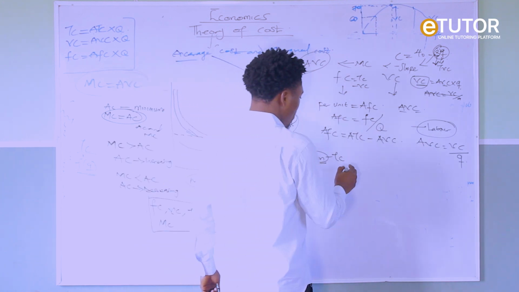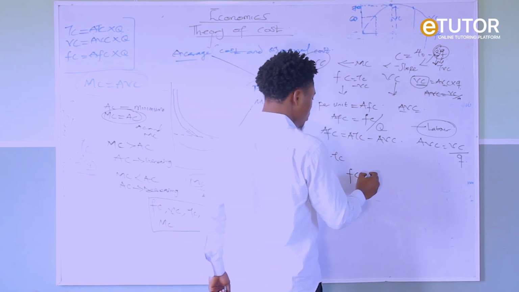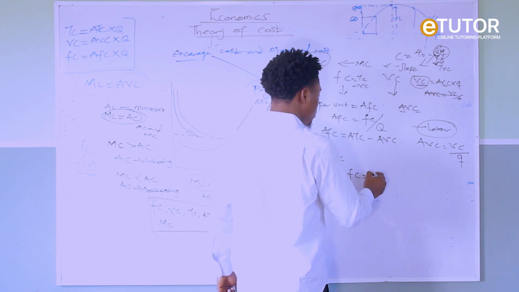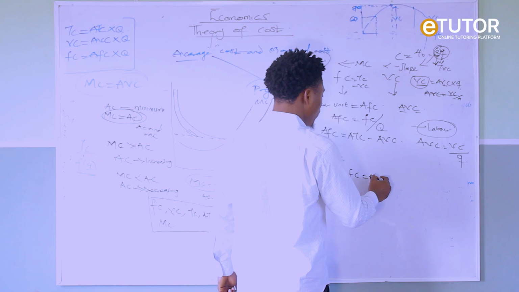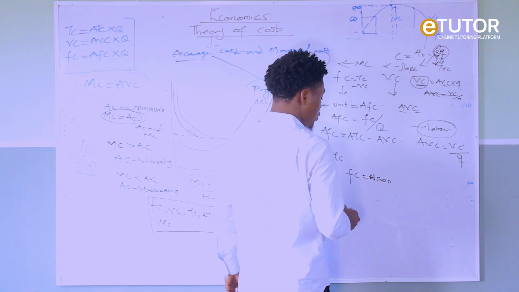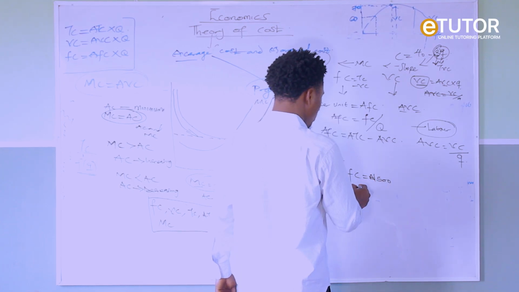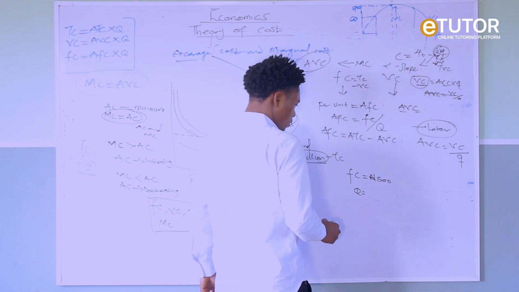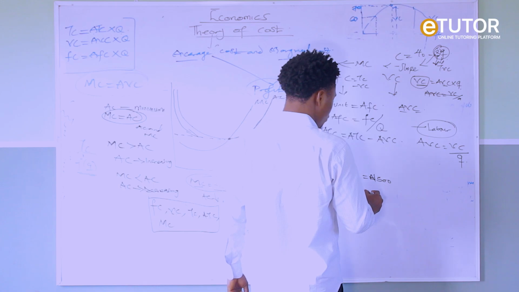Remember I told you that anytime you have your fixed cost as, let's say, 500 naira, and your quantity being produced is 20 units.